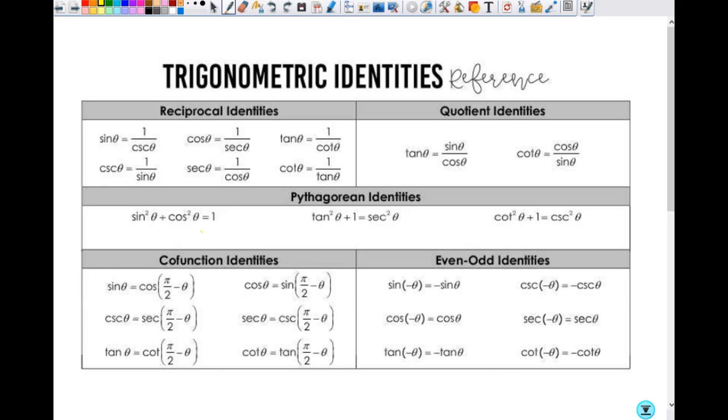So sine squared theta plus cosine squared theta equals 1. If I subtract sine squared theta from both sides, I am left with cosine squared theta equals 1 minus sine squared theta. Do you agree with that? It's the same thing, right? And if I solve for sine squared, I'm going to have sine squared theta equals 1 minus cosine squared theta.